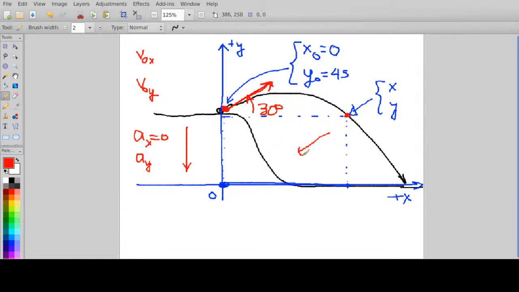Or if it were the other way, then it would have a negative x component. But it's straight down, and so the x component of the acceleration is 0. The y component, of course, is negative 10 meters per second squared. And that's the story with the acceleration, and it doesn't change over time because it's always constant acceleration downwards.